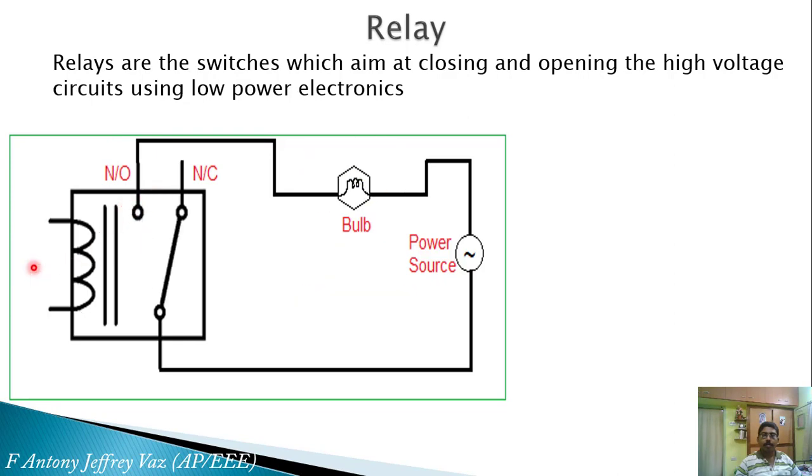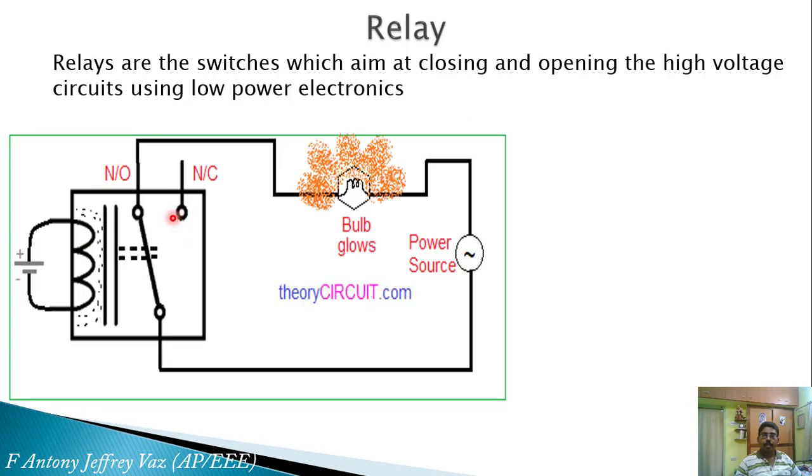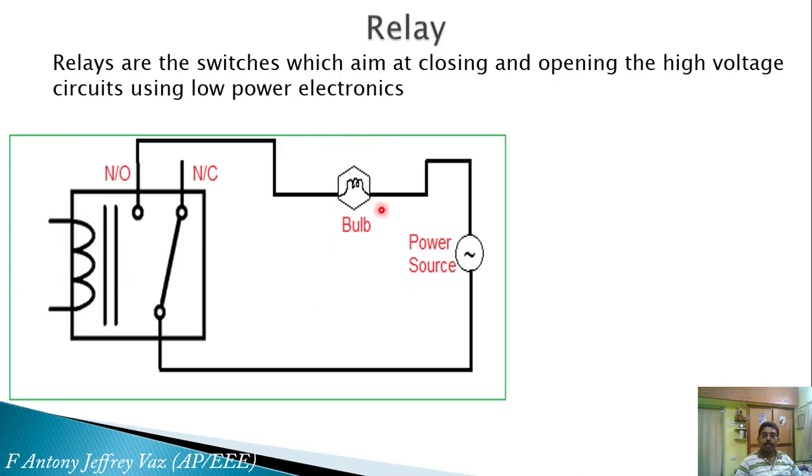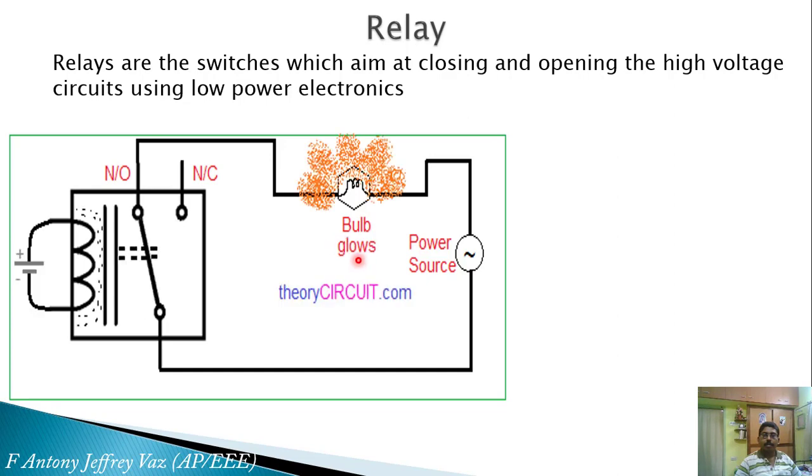When you excite the electromagnetic coil, the relay trips over here and the bulb starts glowing. If there is no excitation, the bulb will not glow. It's a very good animation, and you can easily come to know what is happening in a relay.